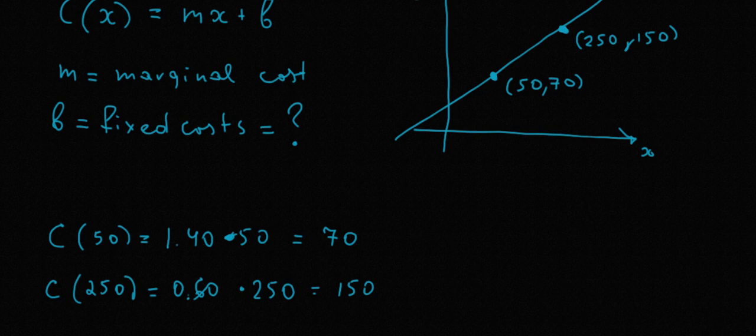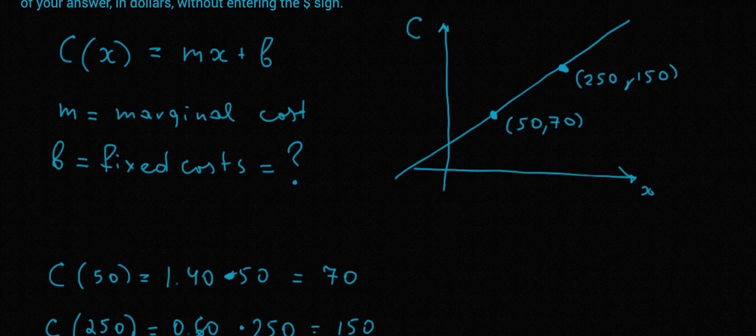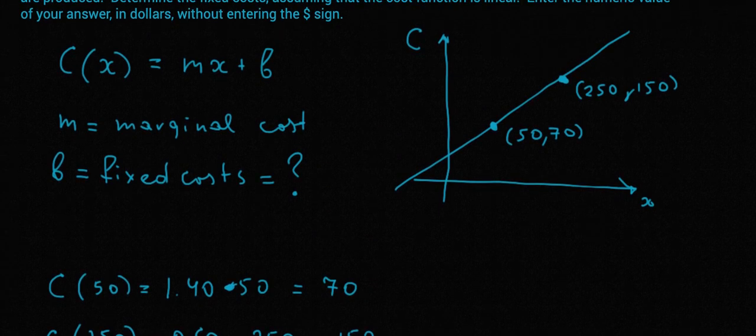Now remember that what we need to find is fixed costs, and the fixed cost is the value of b, which is the c-intercept of this line. We will be able to determine the fixed cost, the value of b, if we determine the equation for this line.